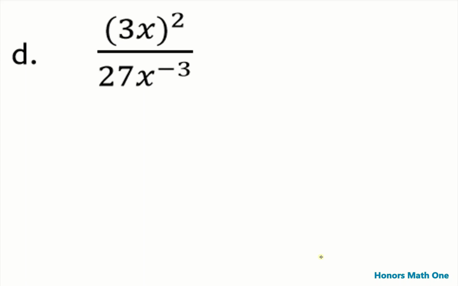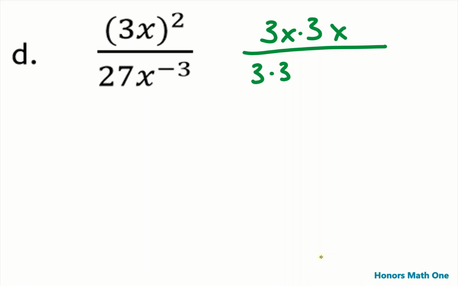That's one of our laws of exponents. Or I could just choose to write out, I've got a 3x times another 3x, right? So in my numerator, I've got 3 times x times x. In my denominator, I have this 27, which is 3 times 9, and 9 is 3 times 3, so I might write it all the way out, right? There's a 3 times a 3 times a 3.